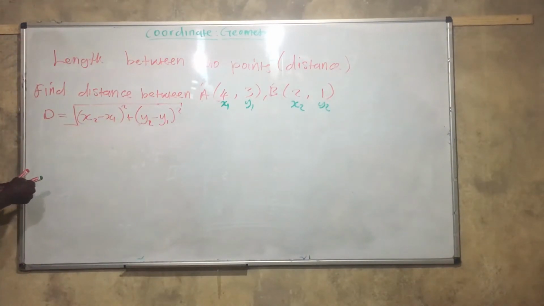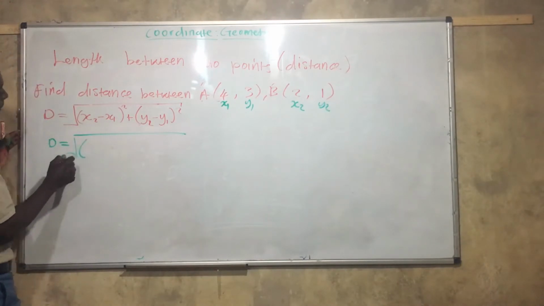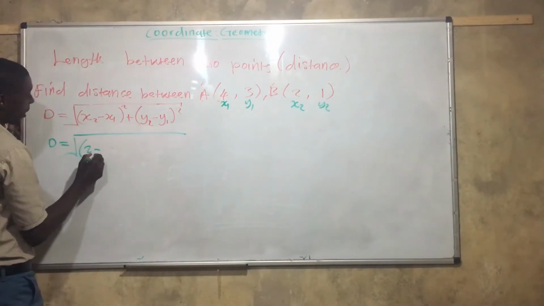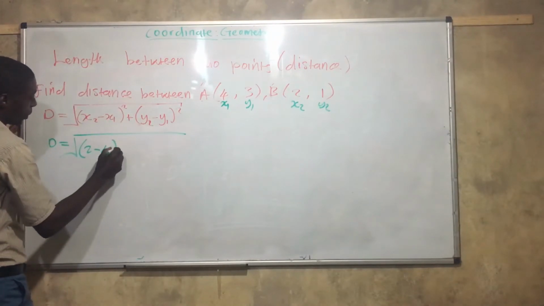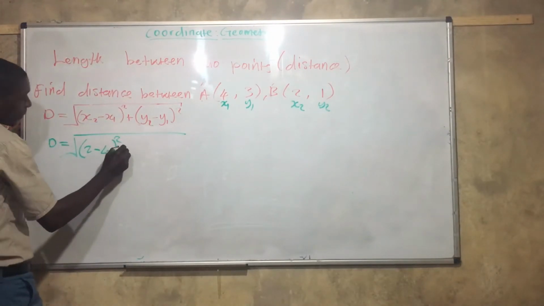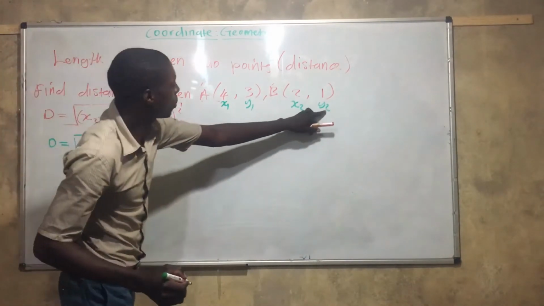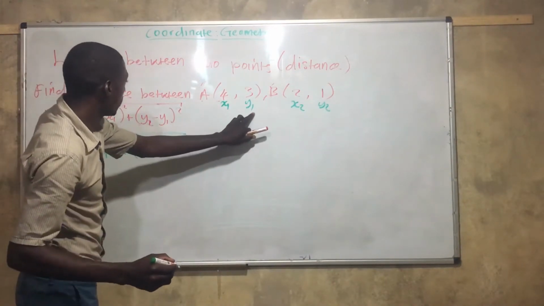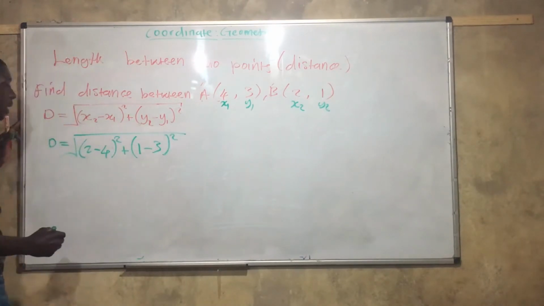So we replace in the distance formula: d is equal to the square root of, we get the x2, which is 2, minus the x1, which is -4, squared, plus we go to y2, which is 1, minus the y1, which is 3, squared.